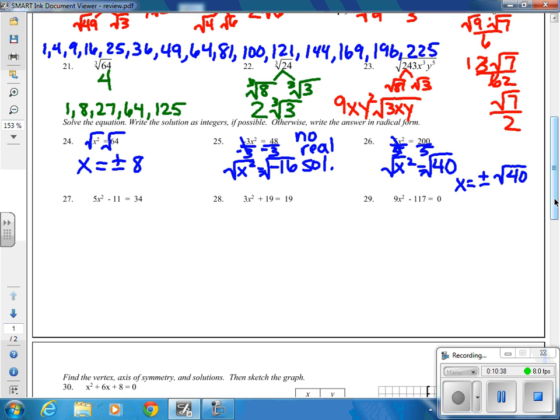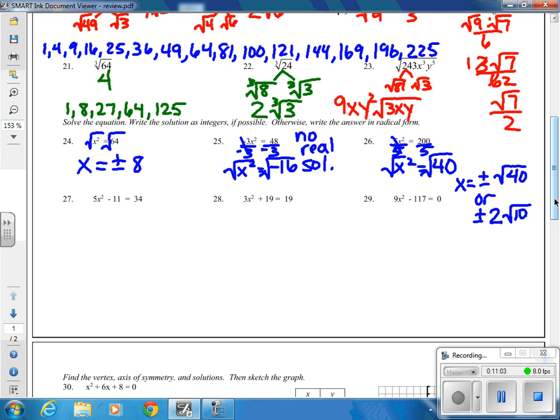If you wanted to simplify that because you see that there's a perfect square in there, you could also write it as plus or minus 2 radical 10. Because if you break up 40 into square root of 4 and square root of 10, it simplifies to 2 radical 10. Either one of those is acceptable as long as you have the plus or minus sign in front of it and the radical sign is still in your problem.